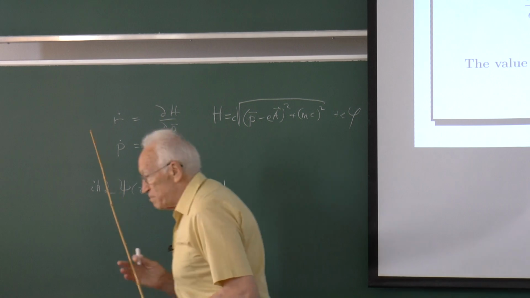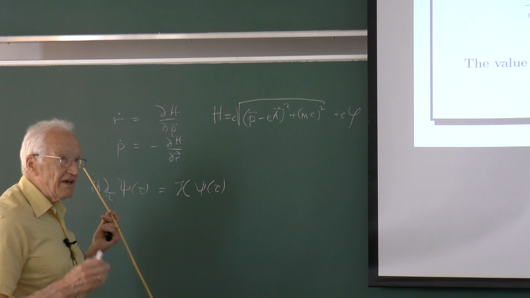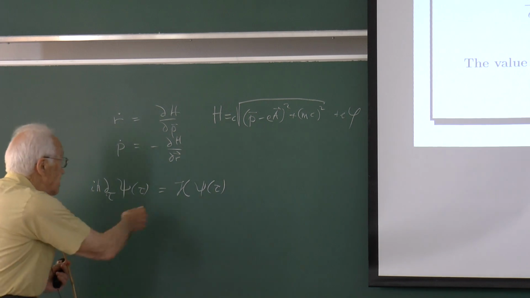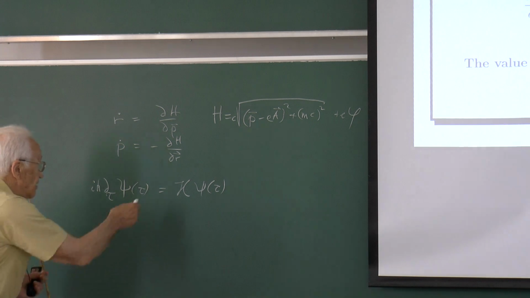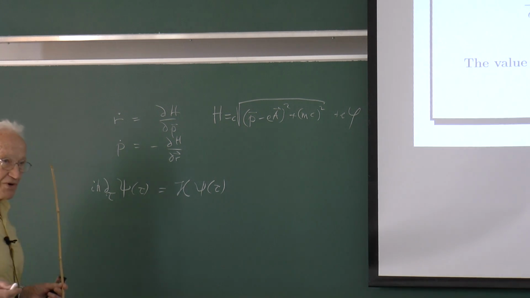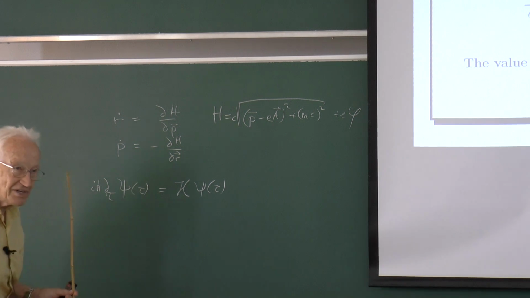If I just blindly follow Schrödinger and say if I have a Hamiltonian, I can write down my Schrödinger equation. Then we don't like square roots, of course, in the Hamiltonian. Dirac didn't like it, that is how he discovered his equation.